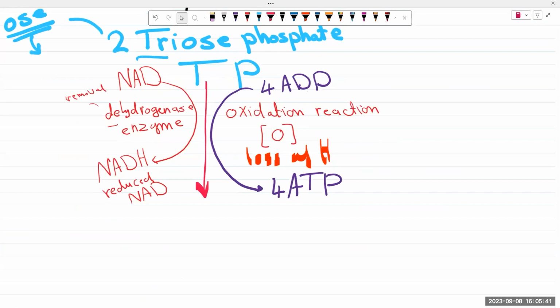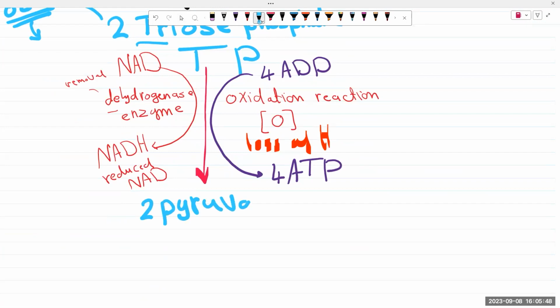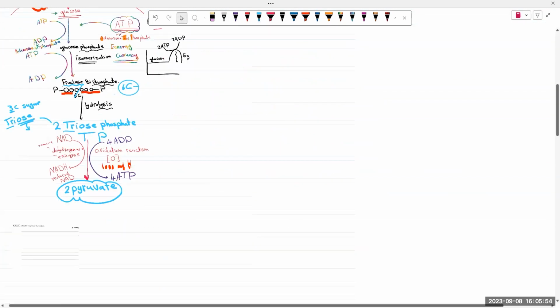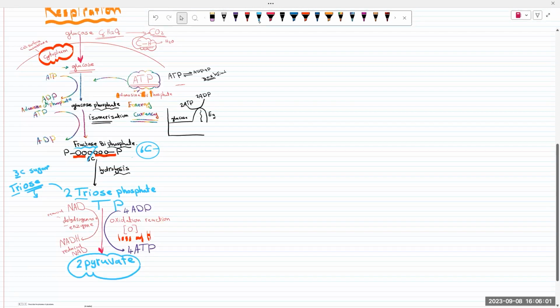This triose will be converted into another molecule which is called pyruvate. All that reaction is taking place in the cytoplasm. And the name of that reaction is glycolysis.